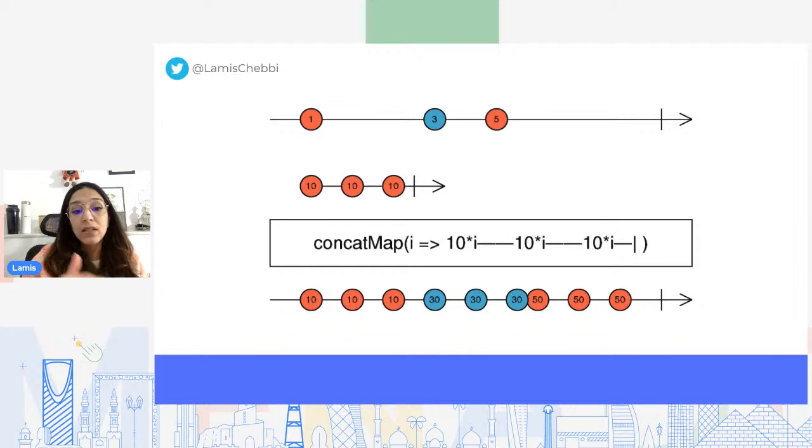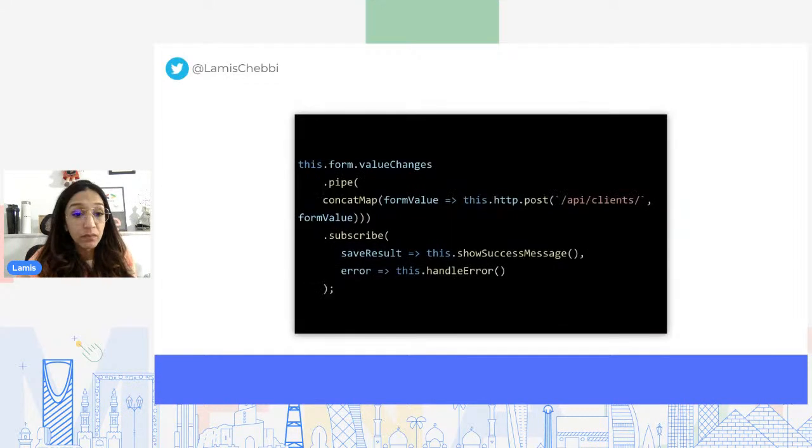This is how concat map works. It's about order, observable completions, and it treats things sequentially.